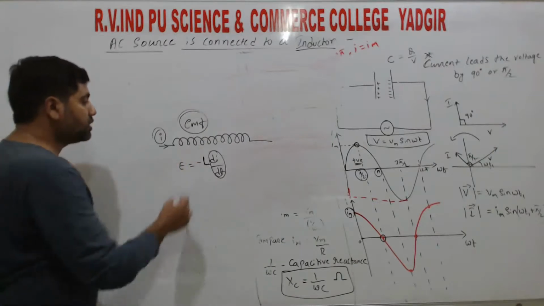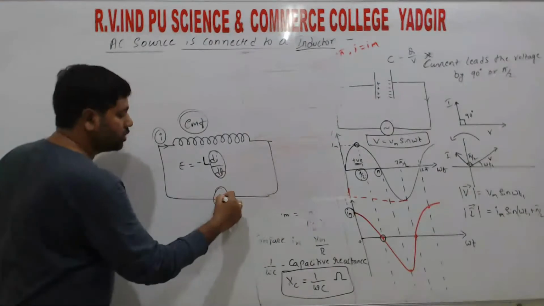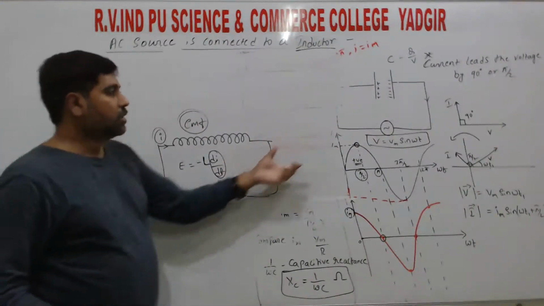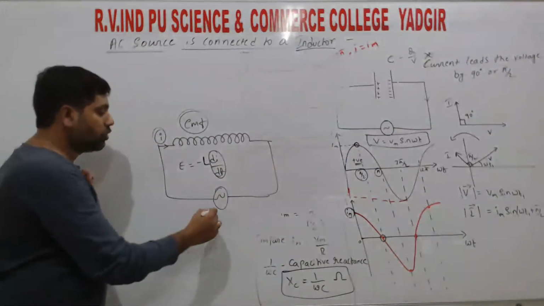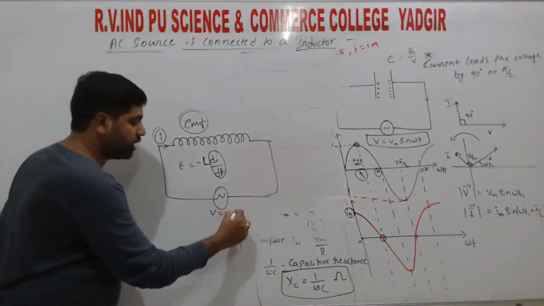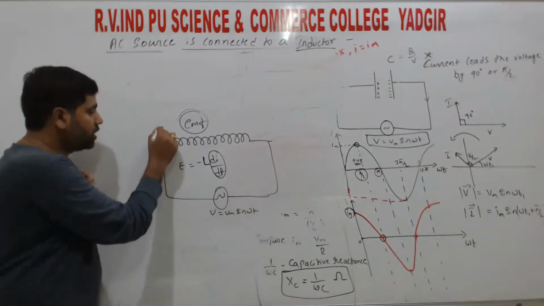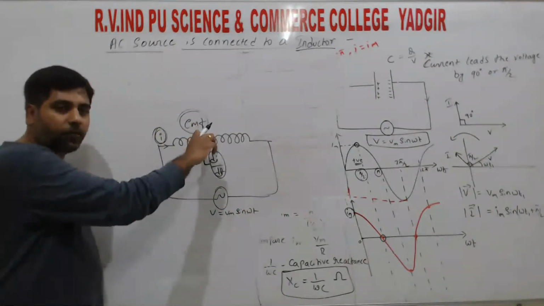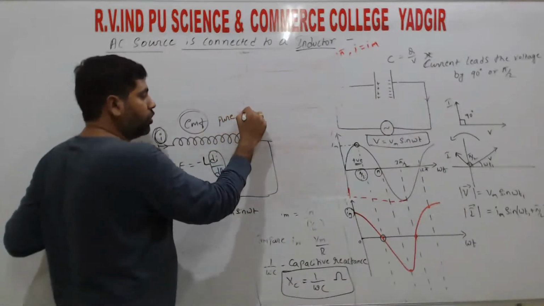So what happens when AC source is connected to the inductor? As we studied the capacitor, in the same way here also the voltage we are applying is Vm sin omega t, right? So here the current is flowing in the circuit, that is current is flowing in the coil. Here we call this a pure inductor.